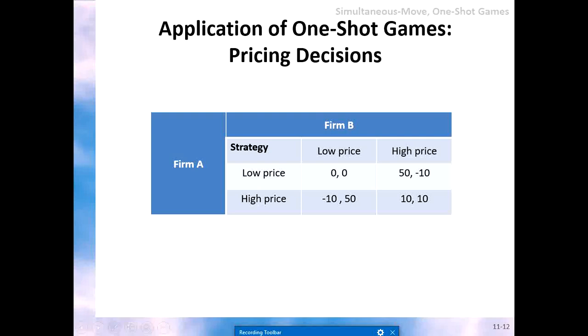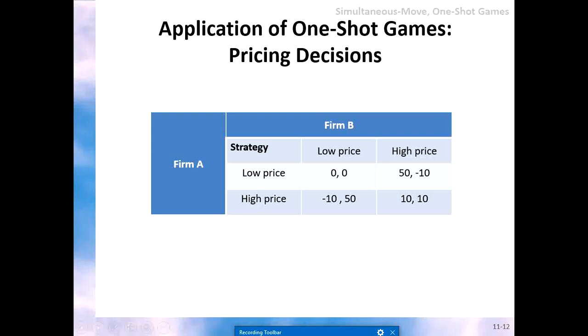Then we come to the application of one-shot games: a pricing decision. Suppose there are two companies, firm A and firm B. Firm A has to choose either a low price or a high price, and firm B the same. Now, if firm A chooses low price and firm B chooses low price, both of them will get 0 payoff.